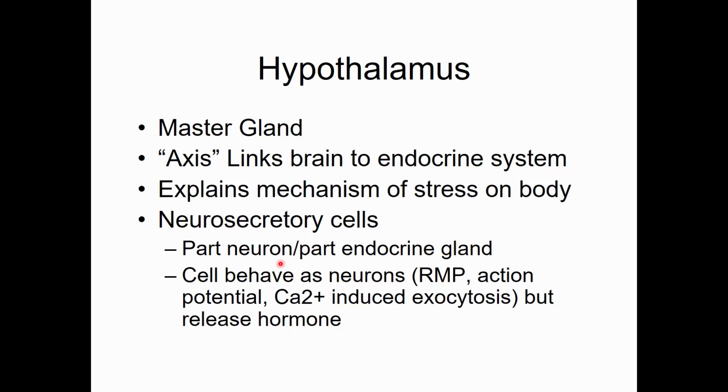Action potentials go down the axons to an axon terminus, where you open up voltage-gated calcium channels and you get exocytosis. Everything you've learned about neurons, but instead of releasing a neurotransmitter, these cells release a hormone, and they release that hormone into the blood.